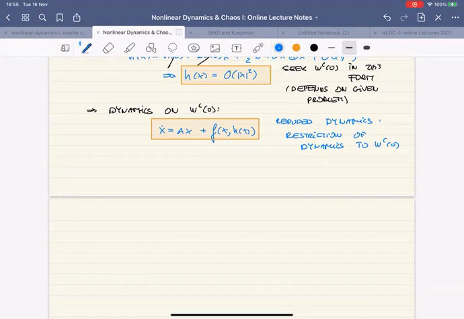So projection is not a bad idea for linear systems. It can be a very bad idea for nonlinear systems because such a superposition relationship doesn't hold. But the nonlinear, although more painful but exact alternative of projection is a restriction.